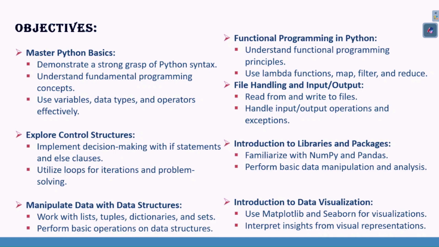Then we will discuss control structures, like how to use if and else statements to write a program. Then we will discuss loops. After that we will learn how to manipulate data with data structures. Then we will move to the topic of functional programming in Python: how to write functions, and how to use lambda, map, filter and reduce functions.